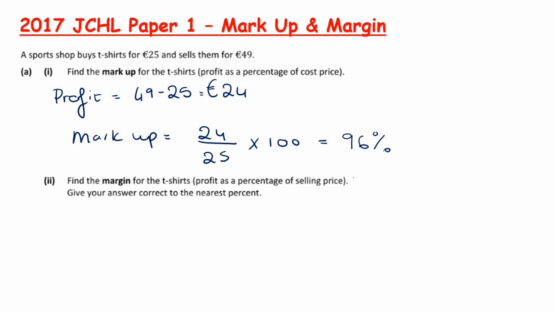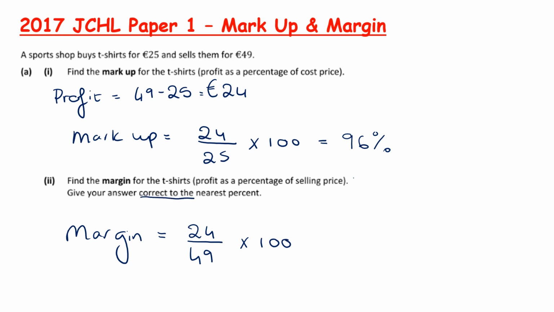Find the margin for the t-shirts. This is profit as a percentage of selling price. So in this question, they've told us how to do this calculation. Like I said earlier, do make sure you know your formulas yourselves. So the profit is 24, and that's going over, in this question, 49, and multiply by 100.